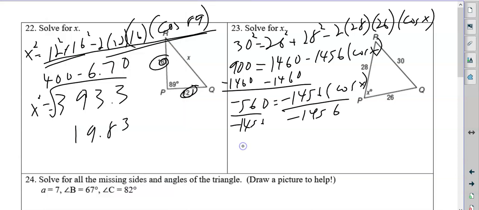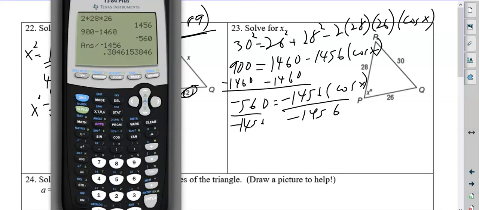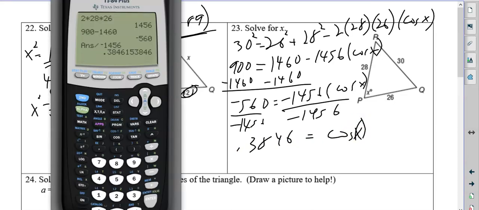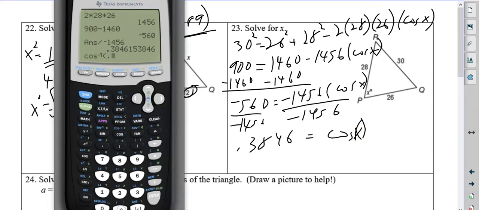I get 0.3846. 0.3846 equals cosine of x. So we just hit second cosine and just type in those numbers. 0.3846. If you type in more, it'll be more detailed. You can just copy it right there. And that gives us 67.38 degrees.